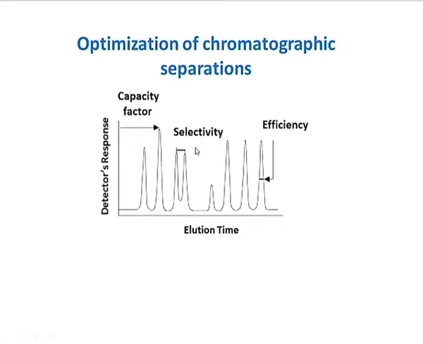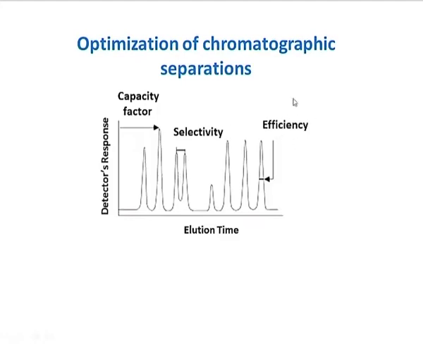If you talk about selectivity, let us consider these 2 peaks here. In these 2 peaks, by selectivity we mean how well these 2 peaks are separated from each other in the detector's response on this chromatogram, which means how much your stationary phase is selective towards one of the 2 peaks, all right.